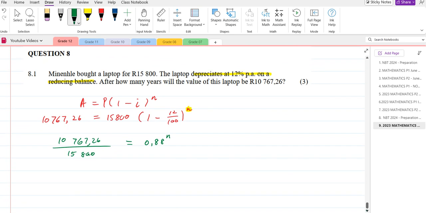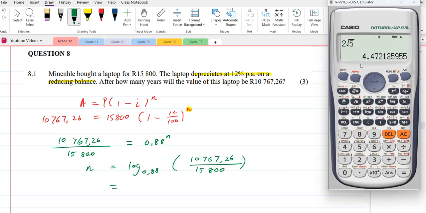We're going to say log of this, base 0.88. So n is equal to log of 10,767.26 over 15,800, base 0.88. The reason why I simplified this is because that's simple to simplify. So it's base 0.88.